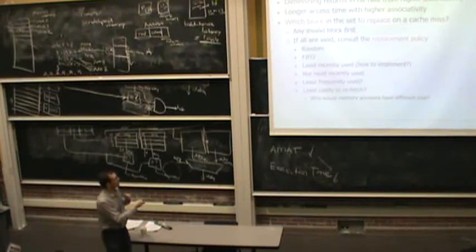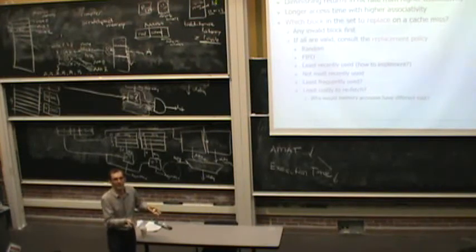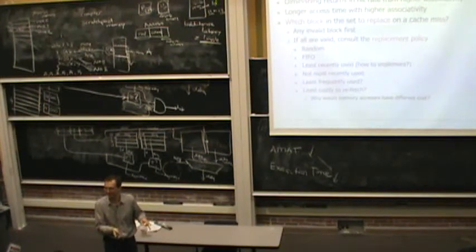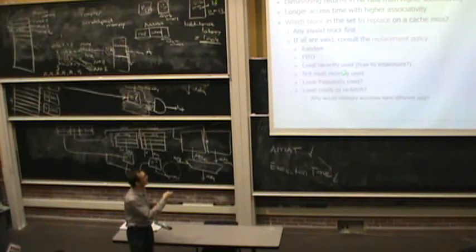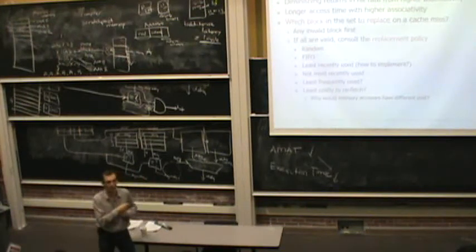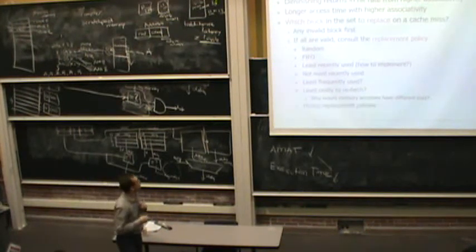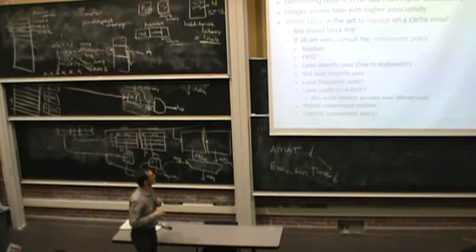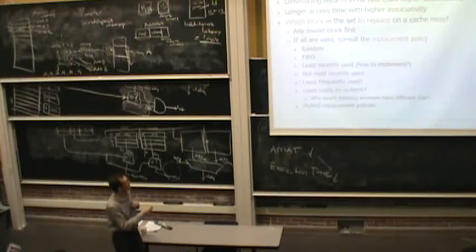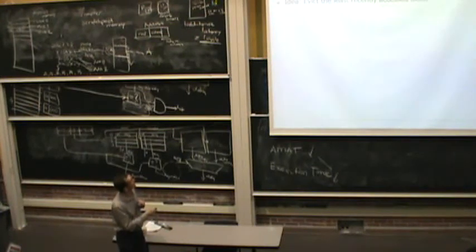But of course, if you just do this, it's not good because what if you're never going to use that data again? So you need to have a balance between recency and cost, if you will, and potentially frequency. There are hybrid replacement policies also that try to combine some of these because there needs to be a balance.